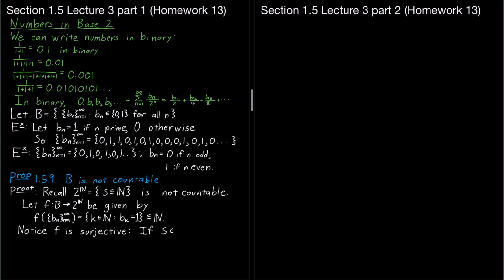If S is in 2 to the n, that means S is a subset of the natural numbers. Let Bn be this piecewise defined sequence, 1 if n is in S and 0 otherwise.